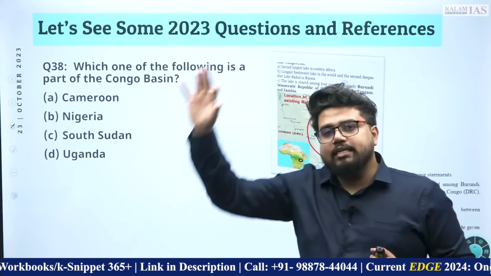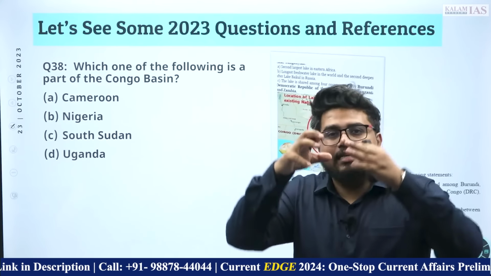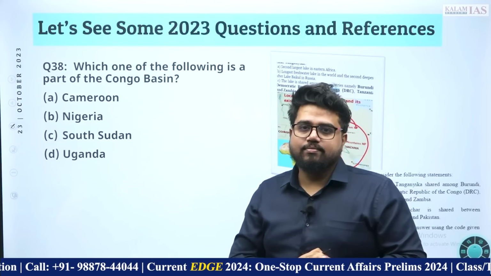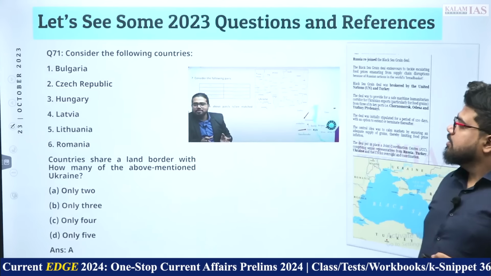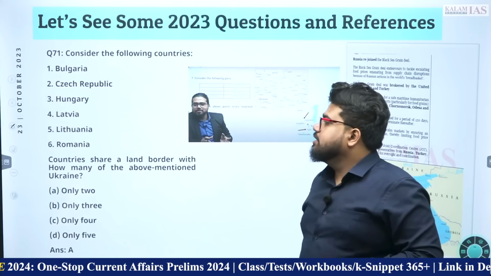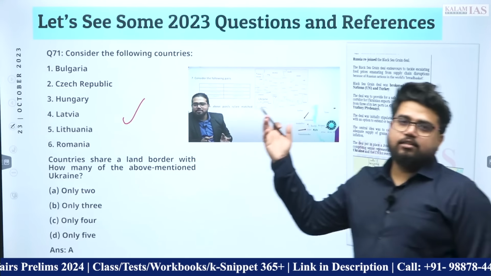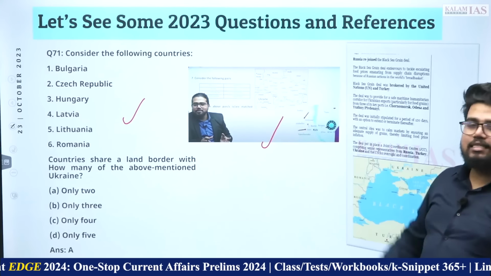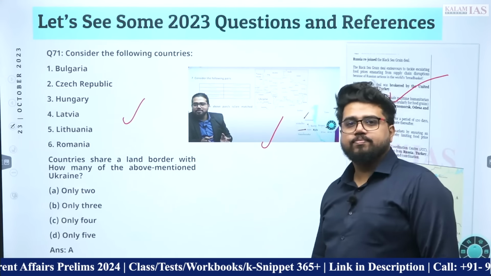You have to get a fair idea of different locations in Africa, major countries around that lake in Africa. If you have that much, you can easily answer this question. Similarly, the cities in Ukraine, countries related to Ukraine. A very direct current affairs question we have discussed in class in many forms. We have discussed it in our workbooks also.